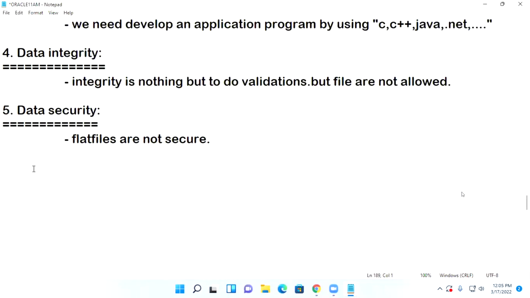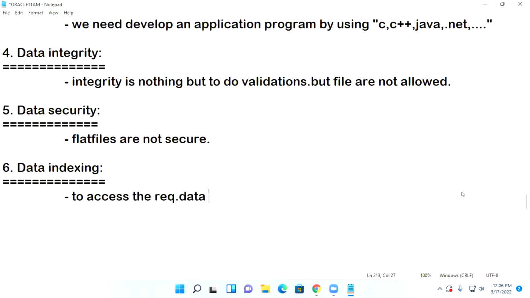Data indexing. Indexing is nothing but accessing the required data from a file fastly, or we can say quickly. But is it happening or not?